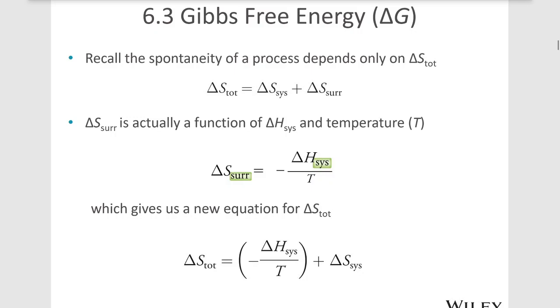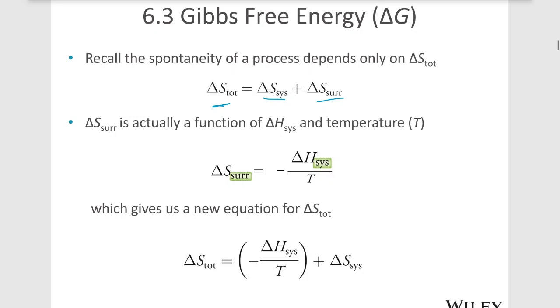But again, coming back to what I was saying earlier, we want our total entropy for our system plus the surroundings to be positive. But we can't measure the entropy for the surroundings. We can only in chemistry measure everything as it relates to the system.